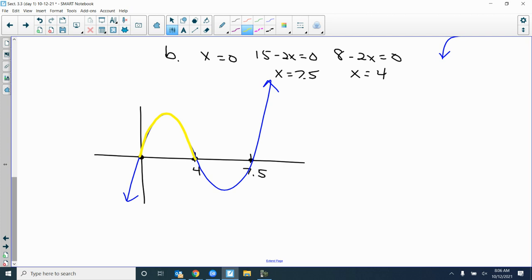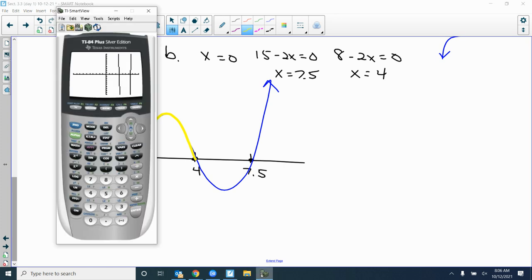So I'm going to see, all right, we talked about this. This is probably what we want. I want to at least figure out what's going on there. So I look at my table, and between 0 and 4, what's the maximum value it's giving me? It says 88. So I at least need to see that. I'm also going to check between 4 and 7.5. It doesn't show up as a whole number, but it goes down to negative 72.